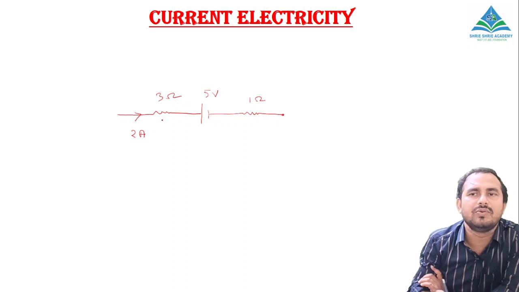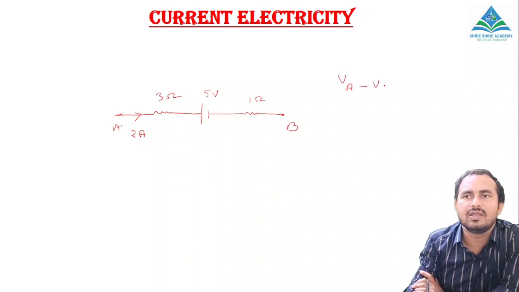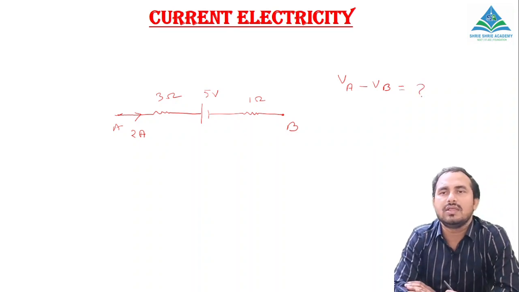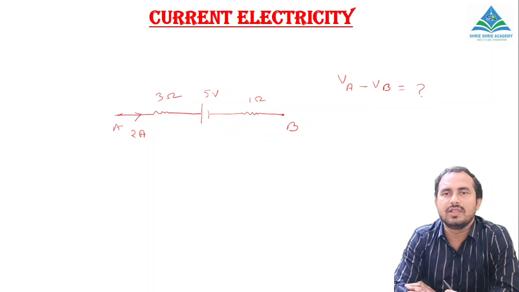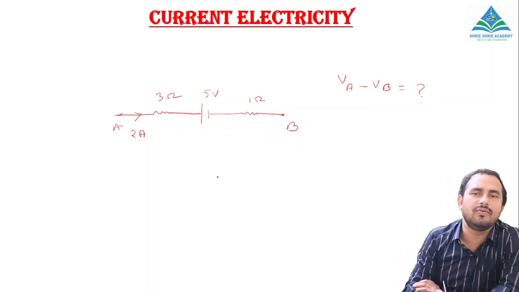It was a very basic question: this is the point A and this is the point B, and they ask you to find the potential difference between A and B. VA minus VB is equal to how much? They want to know the potential difference between points A and B. So apply Kirchhoff's law, a very basic question.